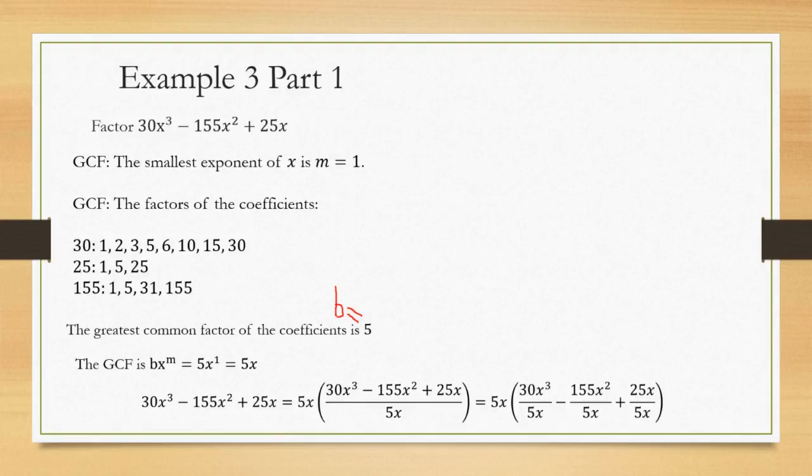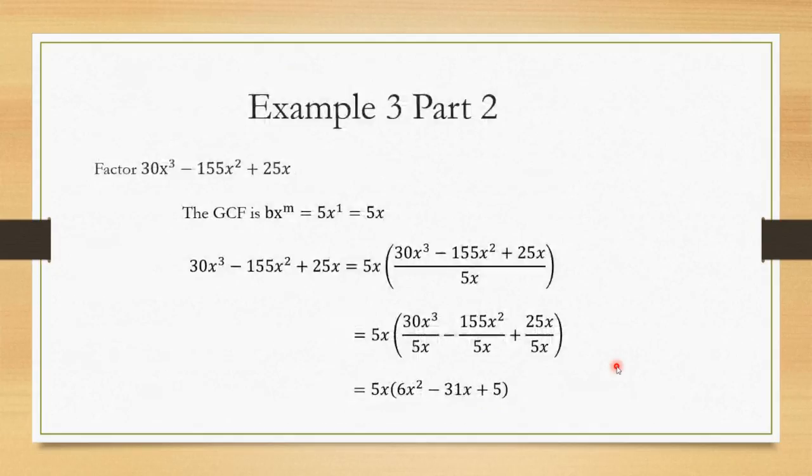So as before, we factor out 5 times x. To get what's left over, we divide. And when you divide into each term, as we see.